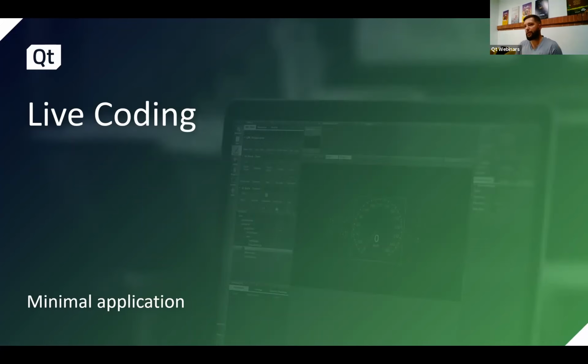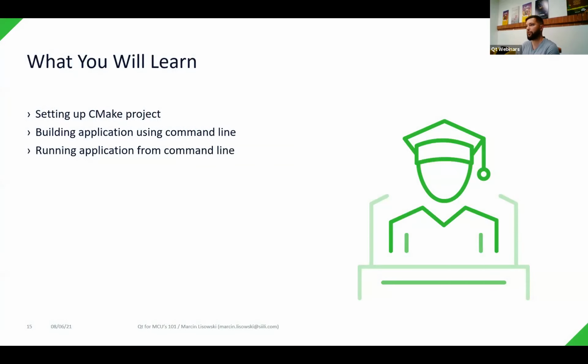Okay, so let's get back to the live coding session, the first one for us, and what we'll learn during it. We'll learn how to set up a CMake project from scratch. We'll build the application using the command line, and of course we'll run it. Okay, so let me set things up.